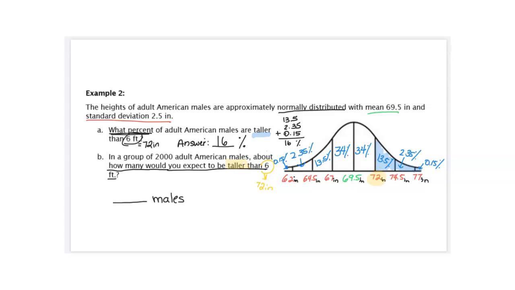We found out that 16% of our adult American males are taller than 6 feet, which is the same as our 72 inches.